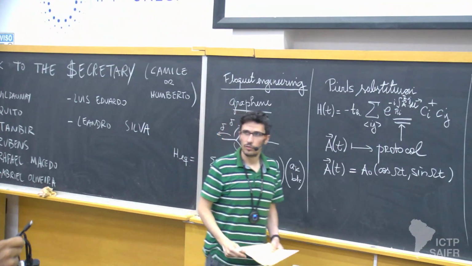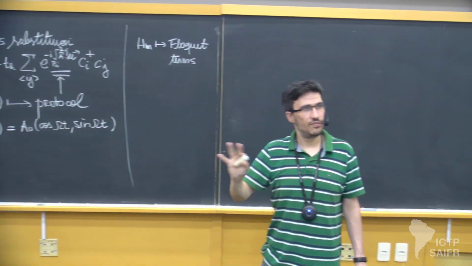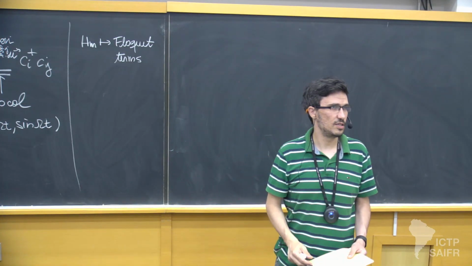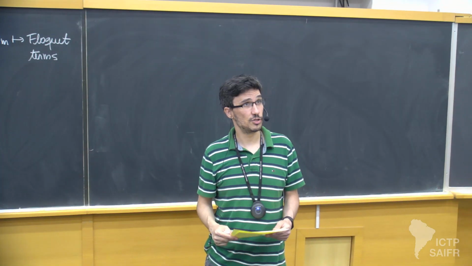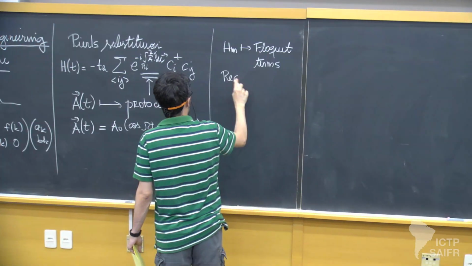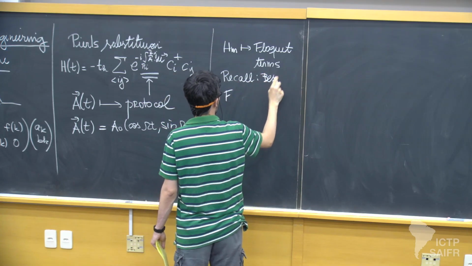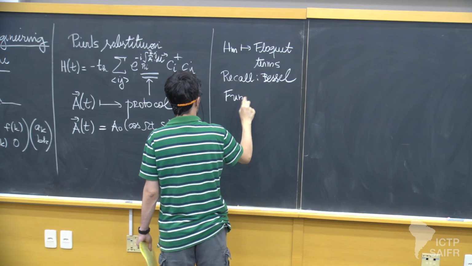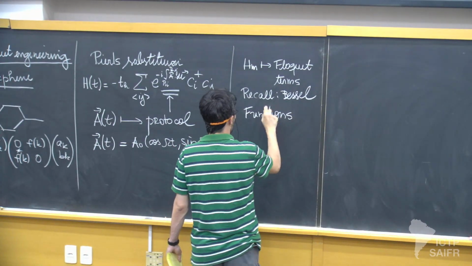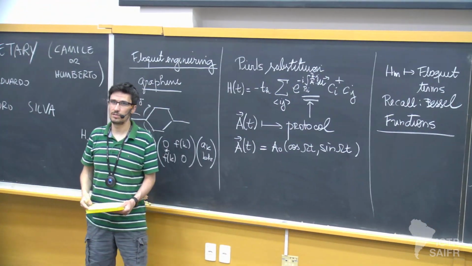This is the first time that we're going to see some particular functions that appear a lot in Floquet engineering, and I will give some expressions for them. These are the Bessel functions. Recall that we have this class of functions called the Bessel functions. I'm going to list here some integral representations of Bessel functions.